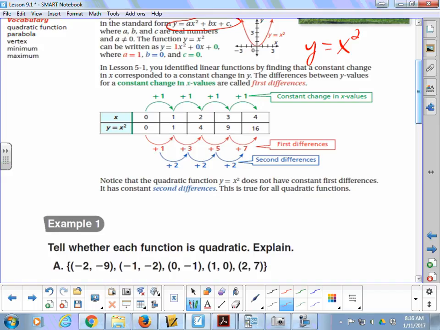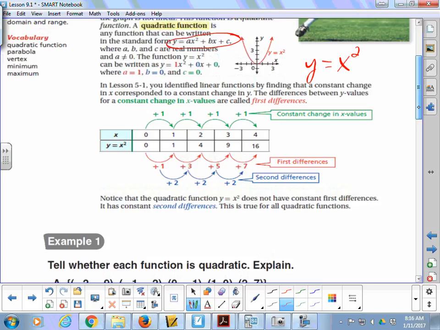But with a quadratic, we're checking the second differences. So first differences tell me there's a linear function. Second differences tell me it's a quadratic. If we went further, third differences would be a cubic function, and we could go on and on. But for quadratics, we're going to look at second differences.